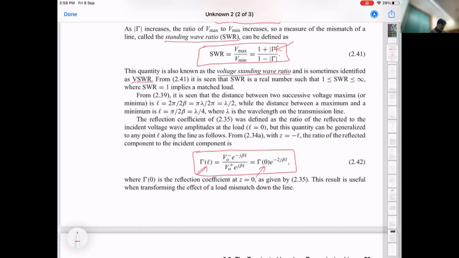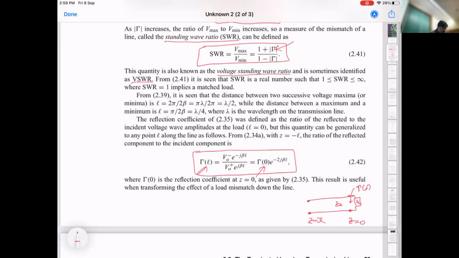This can also be thought of as, let me now draw this here. So this is z equal to 0, and this is some point z equal to minus L. We first computed gamma of 0, which is telling us the impedance mismatch between Z0 and ZL at this particular point, right?